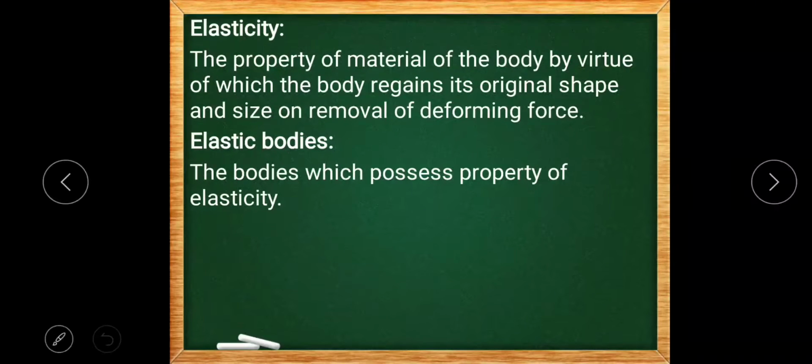Next, the elastic bodies. The bodies which possess the property of elasticity are called elastic bodies. Examples of elastic bodies are rubber, steel, etc. Here, quartz is the nearest to a perfectly elastic material.